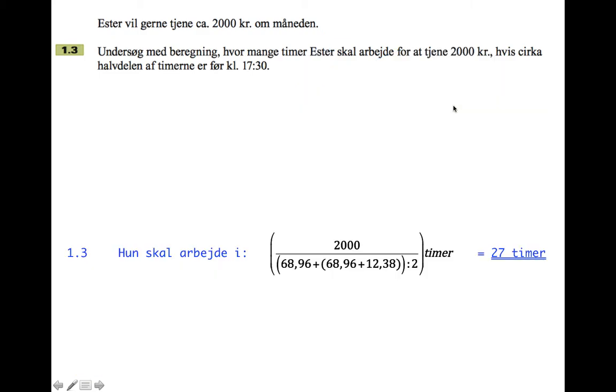So you could trace back your steps in order to get that in a single calculation that gives you 27 hours. But I think because it says investigate, then it's okay to use a few lines in order to get the answer. So the step-by-step algebra is just as good, I would say, as the single line answer.